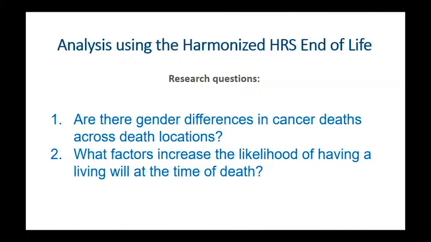A living will provides written instructions about the type of medical treatment or care someone wants to receive if they aren't capable of making that decision for themselves. So we'll look at variables indicating whether the respondent had a living will. We'll look at the year of death, the respondent's age at death, whether death was expected, and some indicators of how healthy the respondent was.